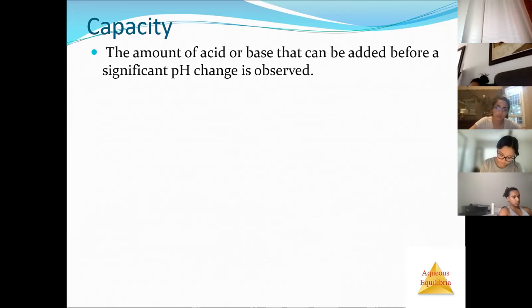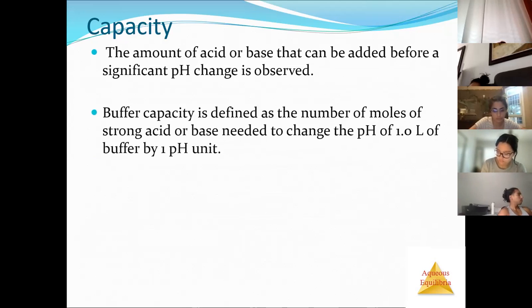Now the capacity of a buffer is the amount of acid or base that is added before a significant pH change is observed. It's equal to the amount of strong acid or base needed to change the pH of the buffer by 1 pH unit. That is how the capacity is defined.